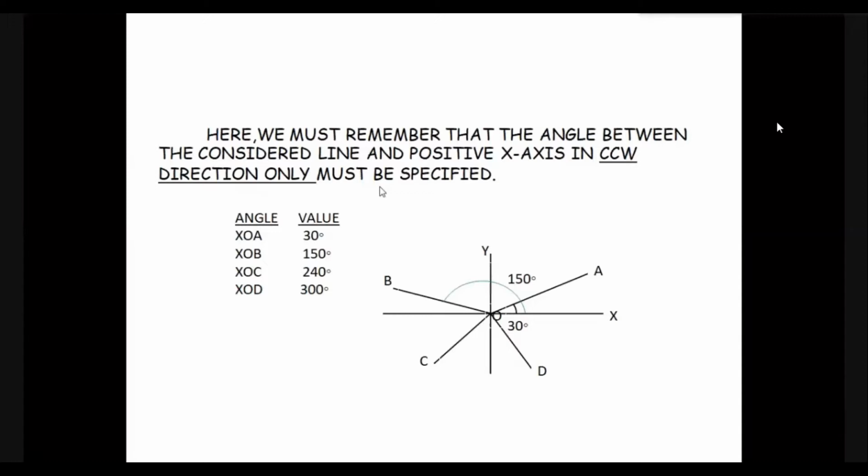And acceptance of the angle in positive or negative direction is dependent on the values fed to the parameters of the PMC. So, as and when we start operating the machine, depending on the execution of the programs done by us, we will successively come to know what values are accepted by the machine and what are not. So here we show the angles of OA, OB, OD with reference to the positive x-axis in this slide.